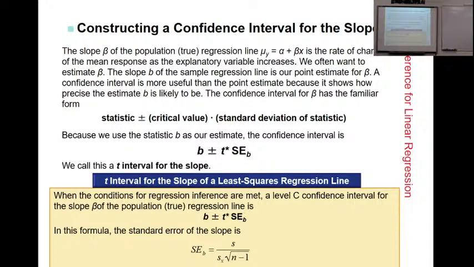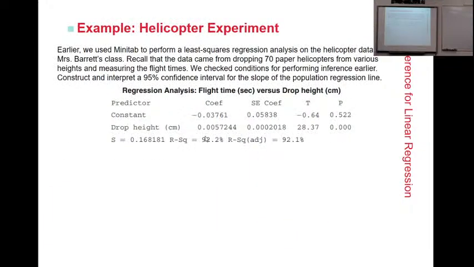The reason we're not going to have to calculate it is that either you're going to put all the data in the calculator, that's possibility number 1, or possibility number 2 is that you will have a table like this, and in that case you'll be able to get the standard error from this table.